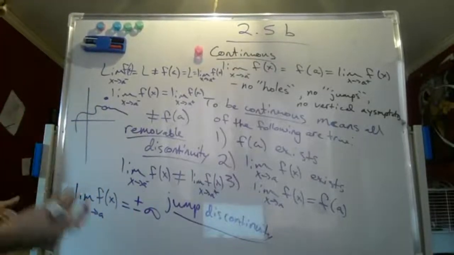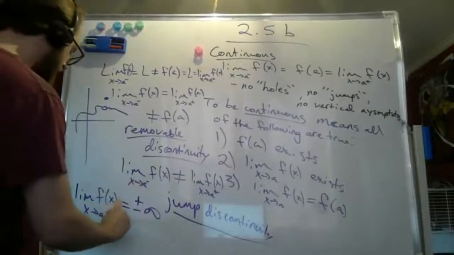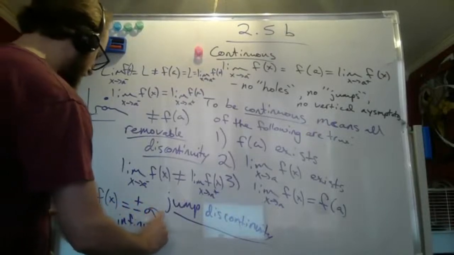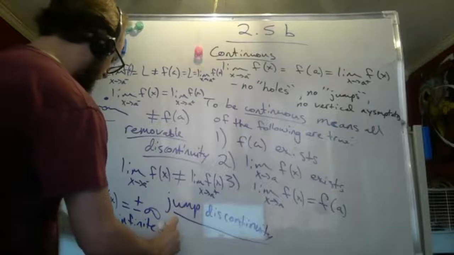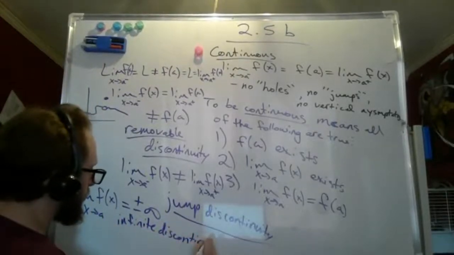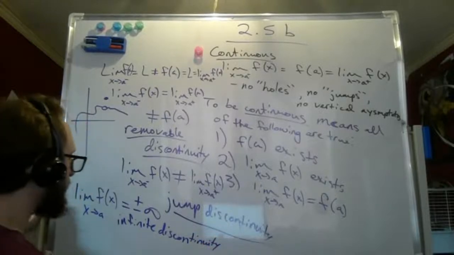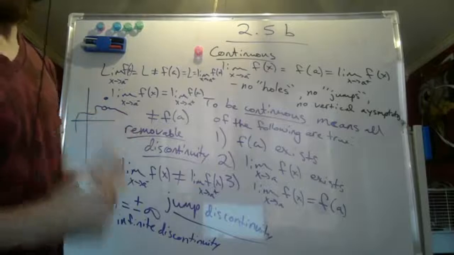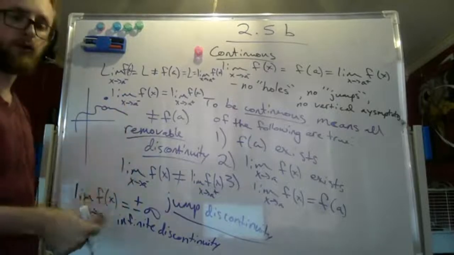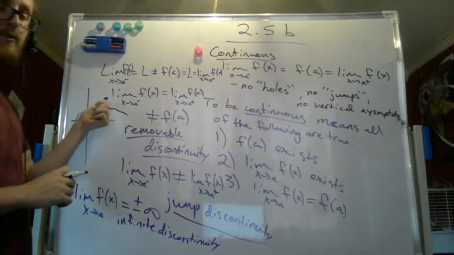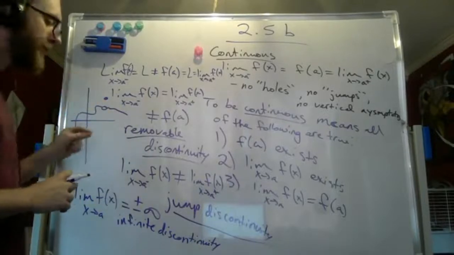In either case, this is what is called an infinite discontinuity. And in this case, we say that the discontinuity is non-removable. Why? Well, it's not just the case of a single point being out of place. I can't just pick it up and move it.